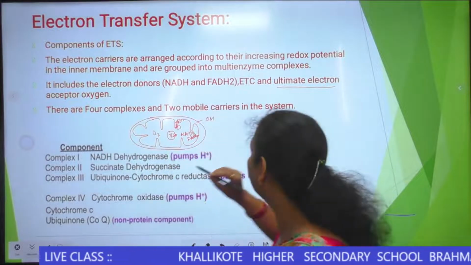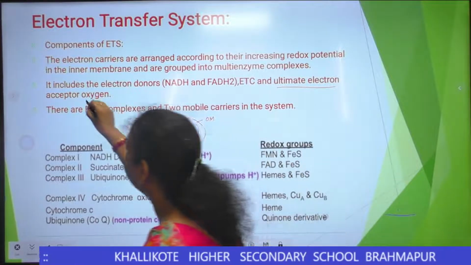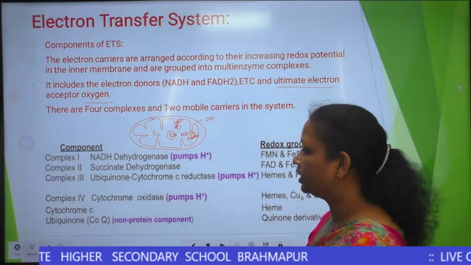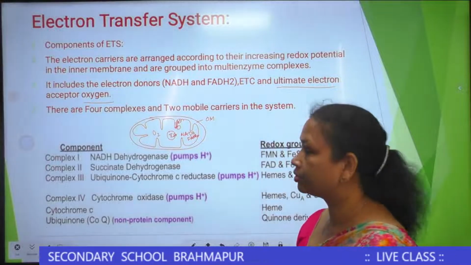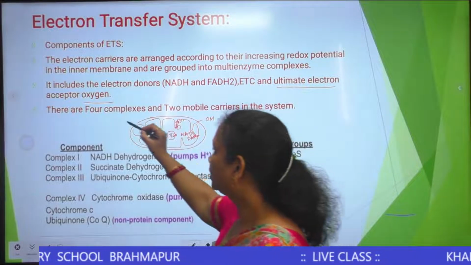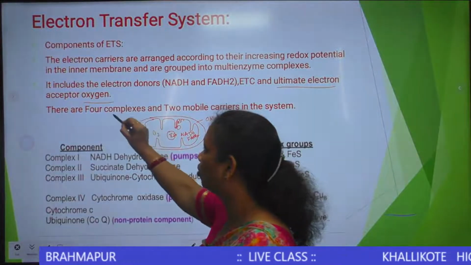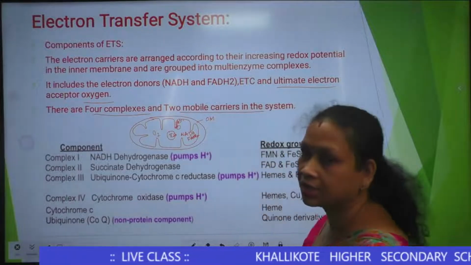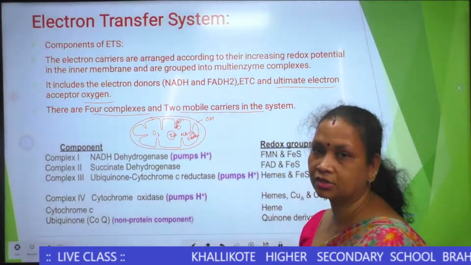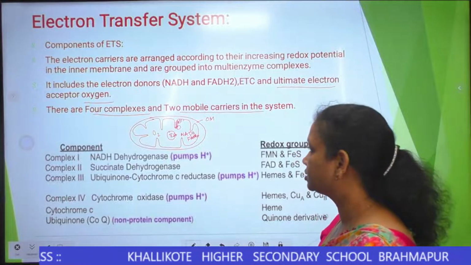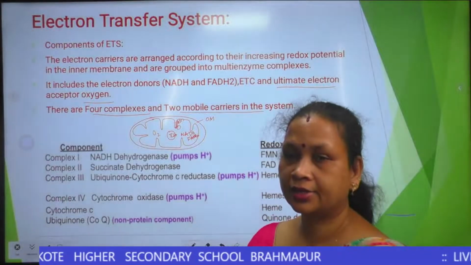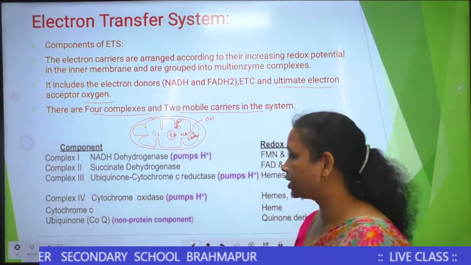So, the terminal electron acceptor is our oxygen molecule. So, what is present here is 4 complexes and 2 mobile carriers in the system. The electron transport system consists of 4 complexes and 2 mobile carriers. What are these 4 complexes?